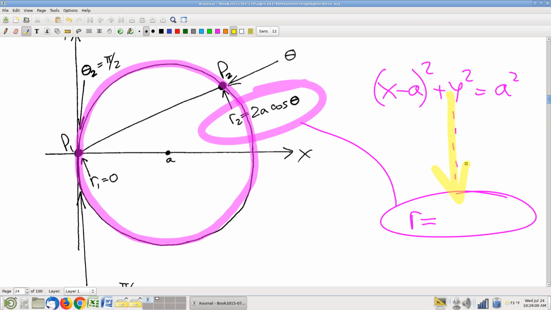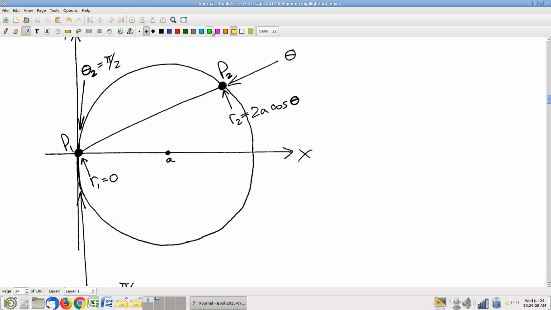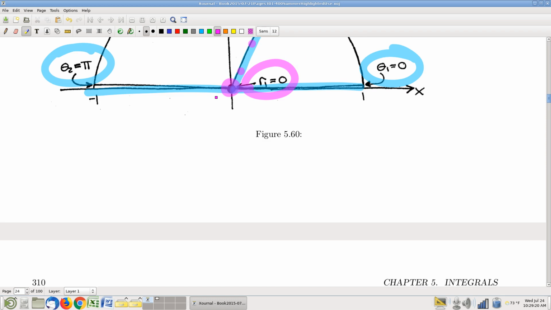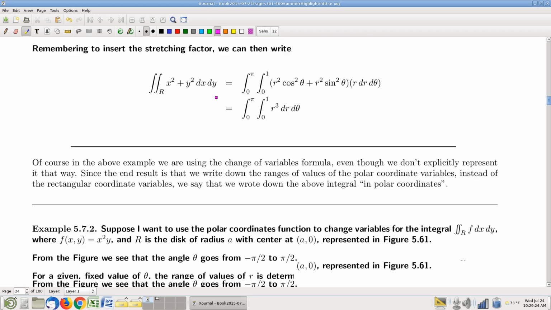Okay. So that having been established, looking back at our slicing, on a theta slice, R goes from 0 to 2a cosine theta. Where did I write this down?